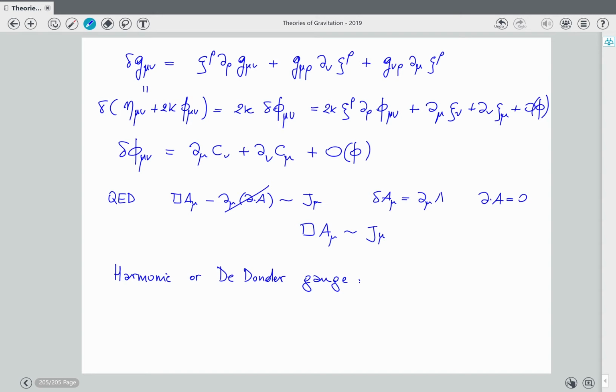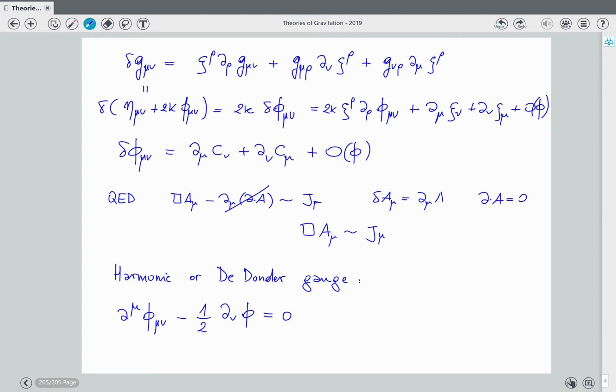It reads as follows: partial mu phi mu nu minus 1/2 partial nu phi equals 0. So you could choose this equal to 0 only. You could put a constant here. But with this peculiar choice, it's like the Feynman gauge, if you know something about QED. So that's the most convenient one. We will see in a moment, because it simplifies the equations and it reduces them to this form.